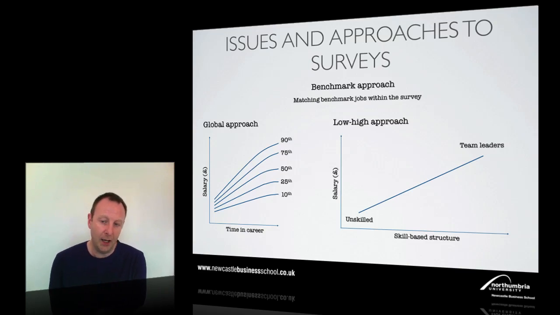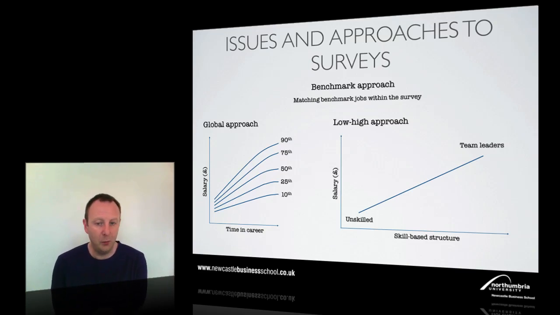And what you would do would be to look at maybe snapshots, little segments of your pay structure, and distinguish at the one end of the scale a job which represents the least skilled of that part of your structure and the most skilled of that part of your structure, and then use those examples as kind of anchor points to then go out to a pay survey to price them in terms of salary, and then to use that as a range along which you can fit all of the other people within that particular bit of your skill-based structure.